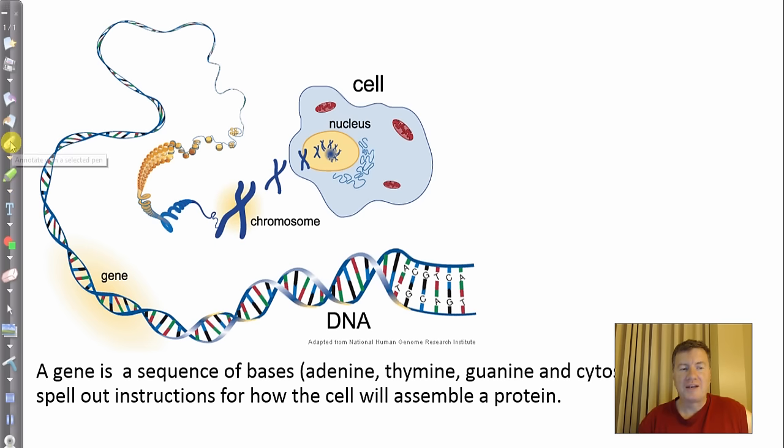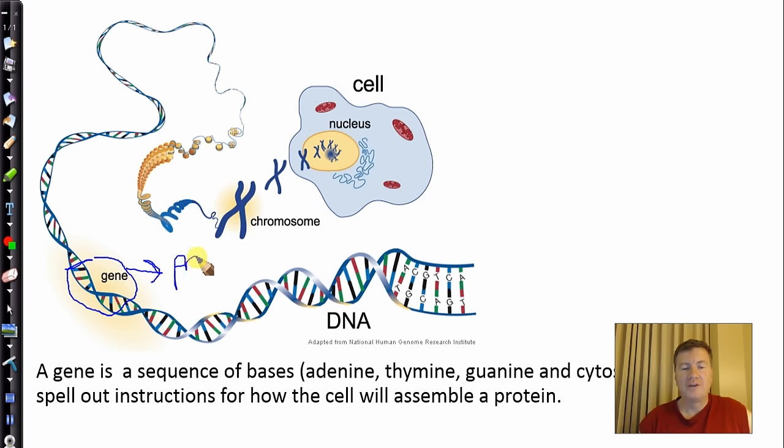A particular segment, and they're showing you, it's kind of hard to see the yellow, but this segment right here, they're calling this a gene. This gene is a set of instructions for making a protein, and we're going to talk more about proteins in the next video. But a protein is something like melanin or insulin or keratin.